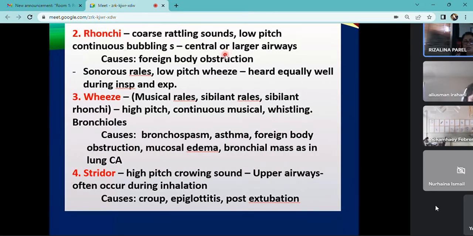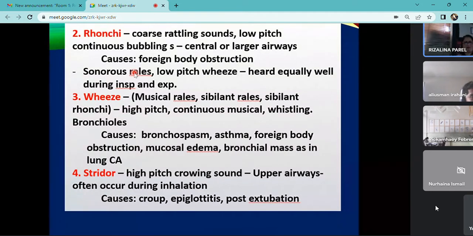So, dapat na-check natin yan sa central or larger airway. Nakarinig tayo ng coarse, rattling sounds, low pitch, continuous, and bubbling sound. Okay. Your bronchi is sometimes called as sonorous rales. So, heard equally well during inspiration and expiration. Okay, ang daming tawag.